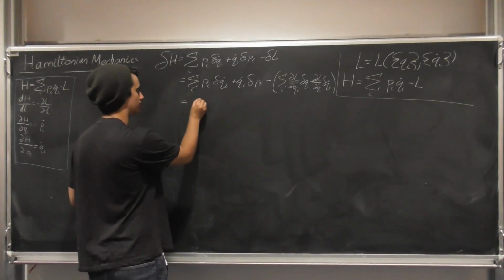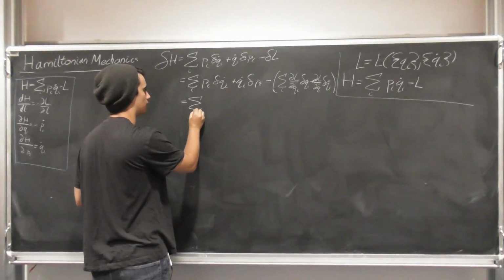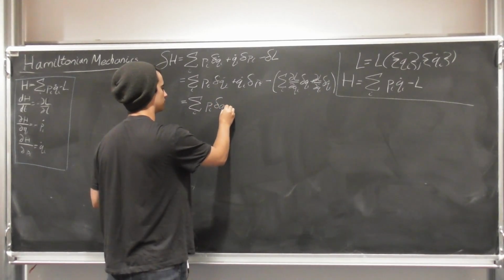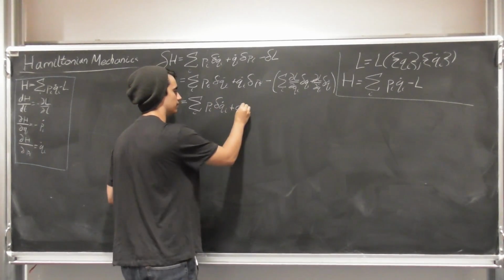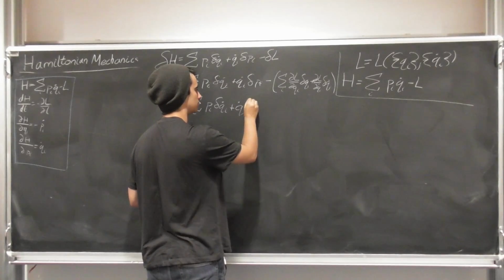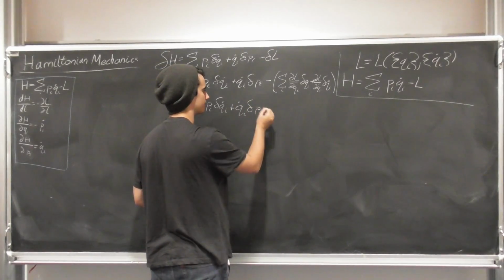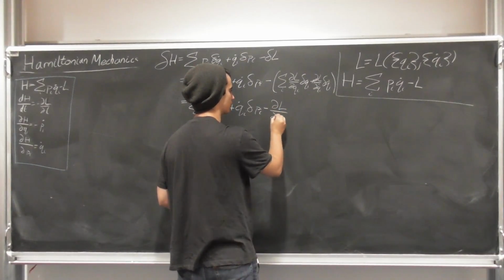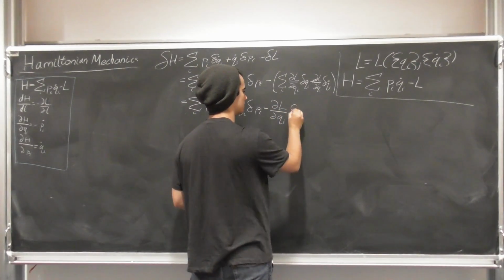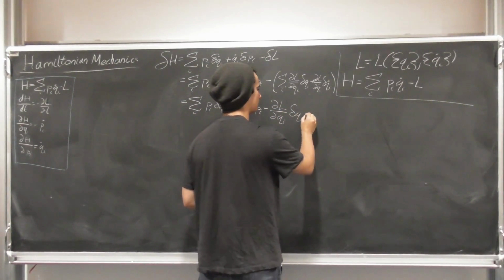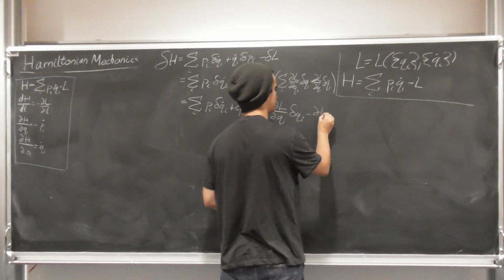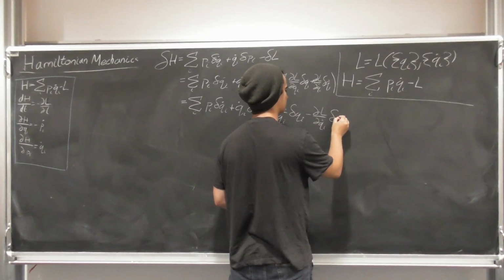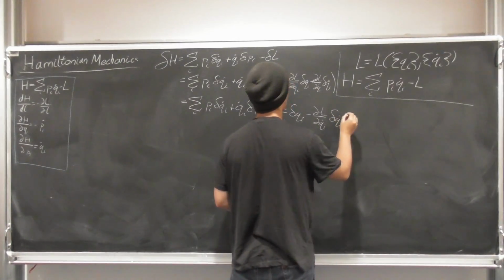And so we'll have that this is equal to the sum over i of p sub i times delta q sub i dot plus q sub i dot delta p sub i, minus the partial derivative of the Lagrangian with respect to q sub i times delta q sub i, minus dL/dq sub i dot times delta q sub i dot.